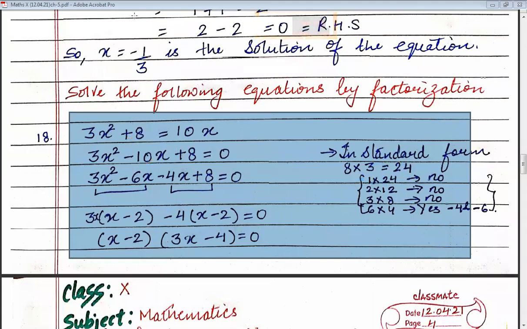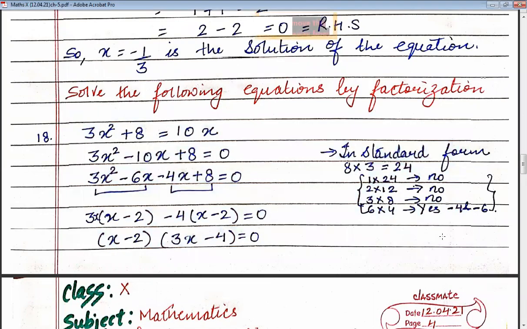Okay, so now children, you can see that here I have shown. If you make the factors 1 into 24, if you add or subtract 1 and 24, you will not get minus 10. Similarly, 2 and 12, no. 3 and 8, no. 6 and 4. As 6 fours are 24, you can write minus 4 and minus 6, which will give you minus 10.